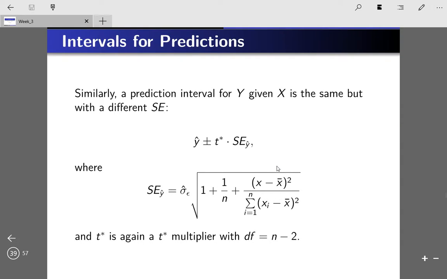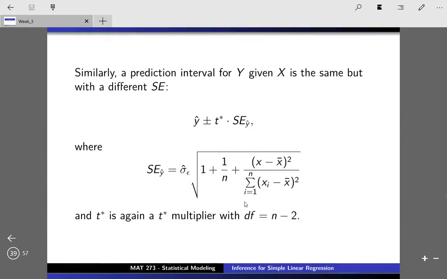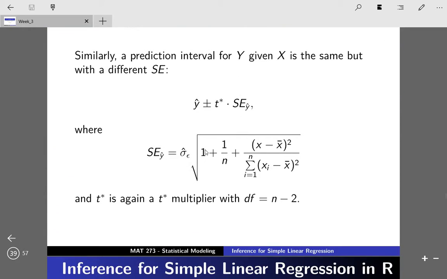So a prediction interval is nearly identical. But if you look very closely, the 1 over n inside the square root here is different. It now has a 1 plus 1 over n as this term here. So a little bit extra added on to the standard error for the interval that we're calculating here.